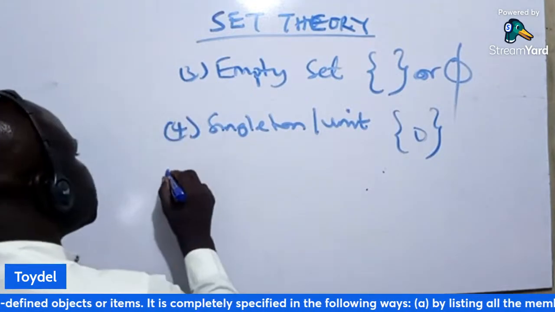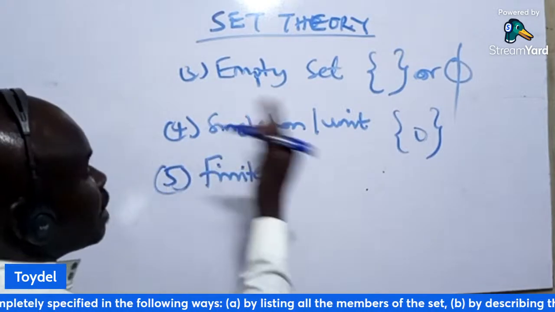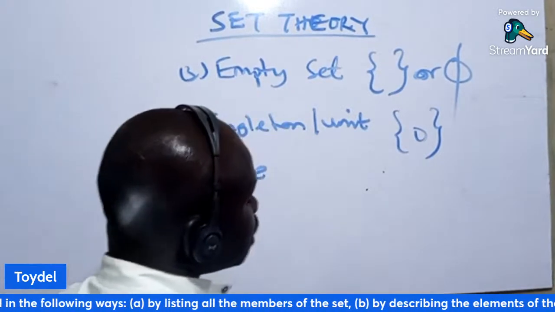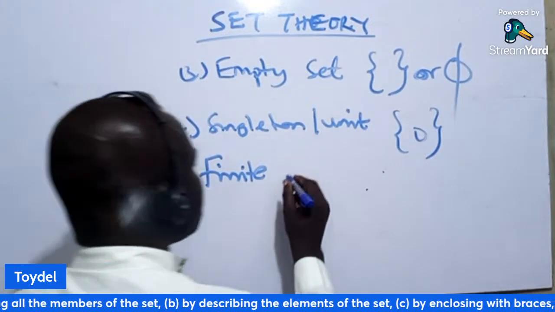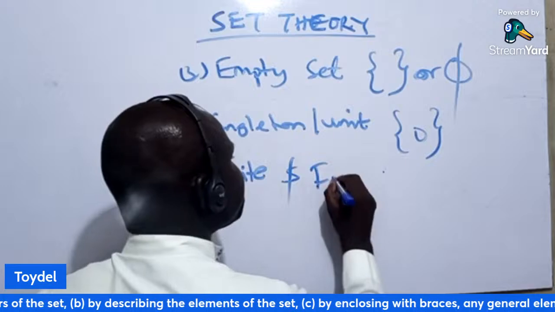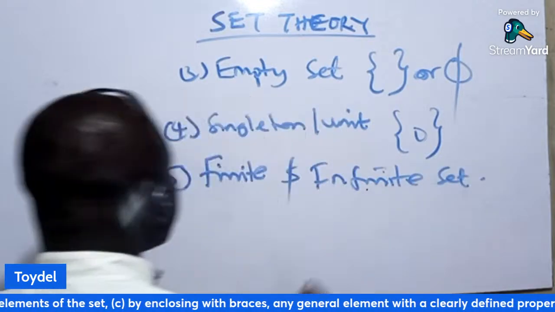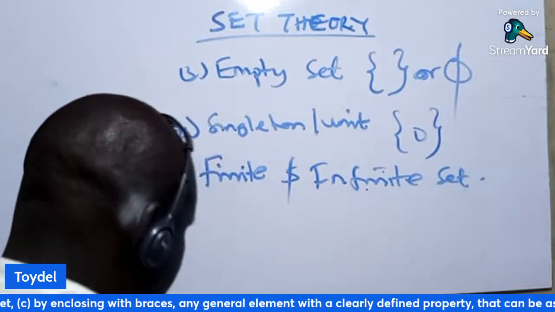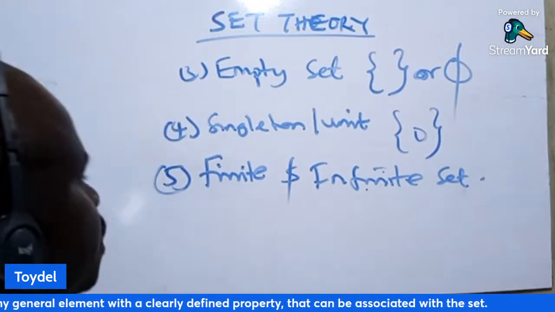Then we can talk about another concept called finite. I'm trying to define this just under definition of terms. These are some of the concepts that we are going to use when we want to solve problems under set theory. We have finite or infinite sets. So what is the difference between finite and infinite sets? A finite set is a set that has a specific number of elements.